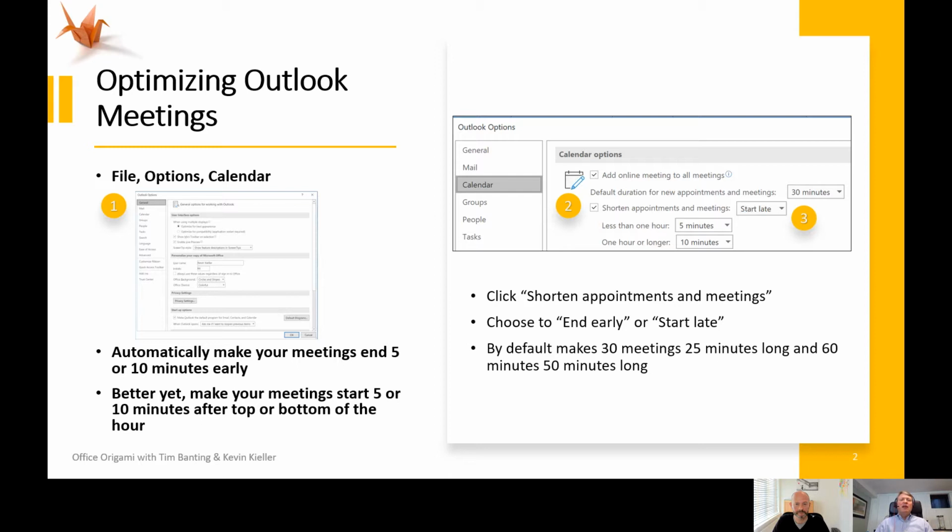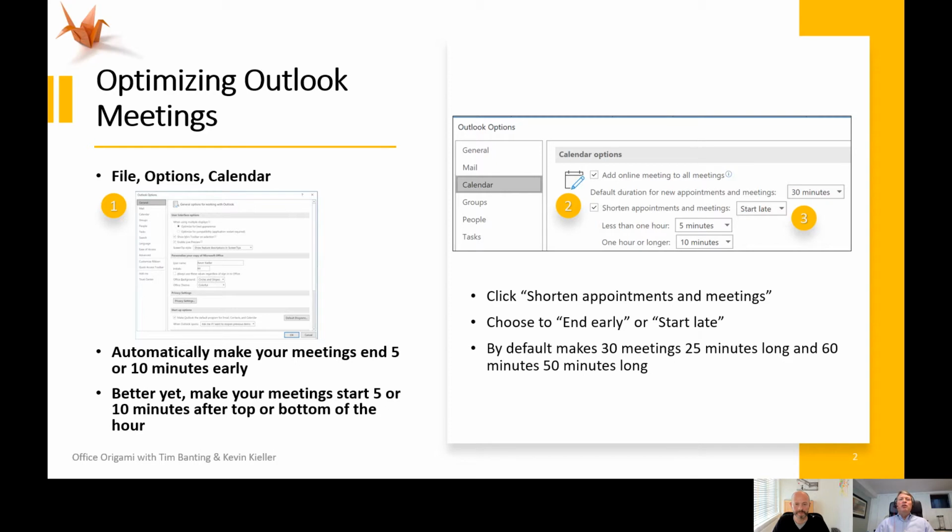And this is really the secret. If you check off that box, then by default it shortens 30-minute meetings by 5 minutes, and anything 60 minutes or longer, it shortens by 10 minutes. So a 60-minute meeting becomes 50 minutes.